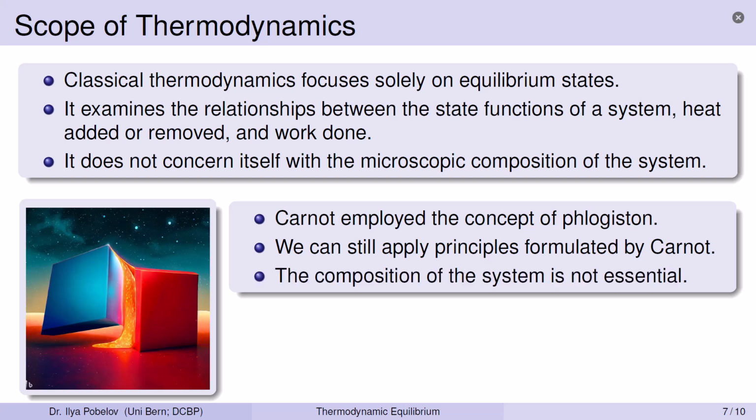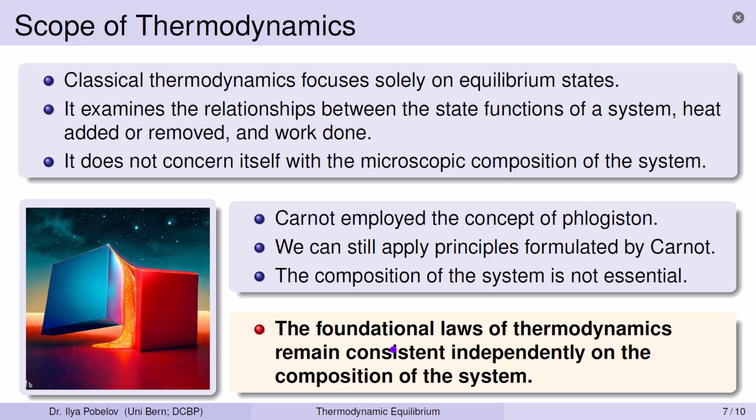It is not the composition of the system that is essential for thermodynamics. We have these foundational laws, the laws of thermodynamics. Regardless of whether we have phlogiston or molecular movement, the laws of thermodynamics remain consistent. This consistency is an advantage, highlighting the power of thermodynamics.